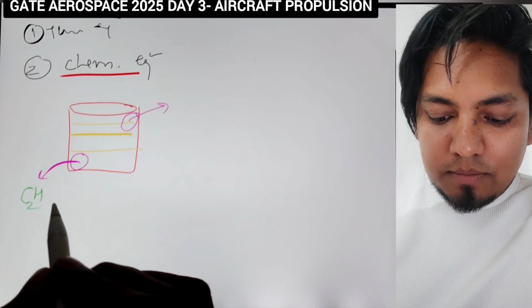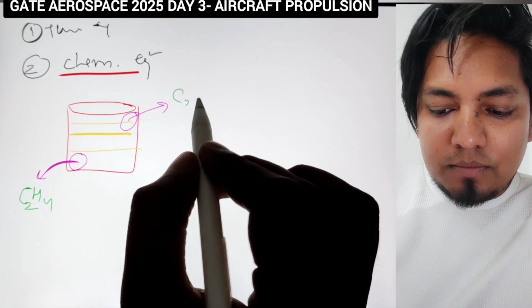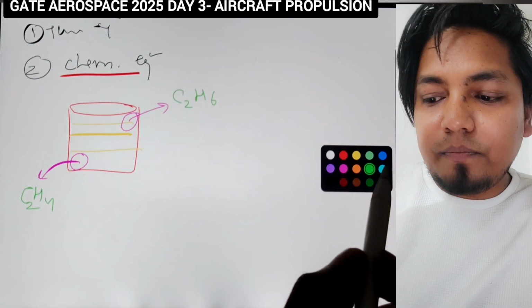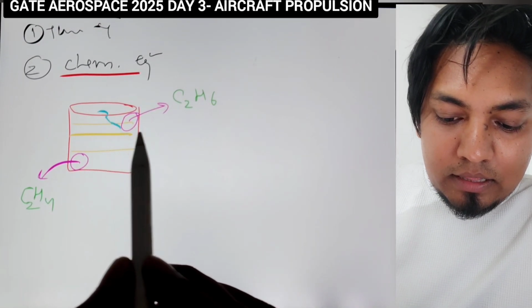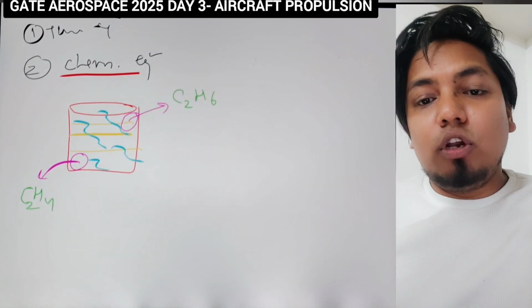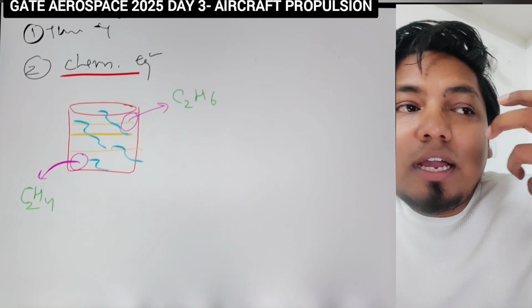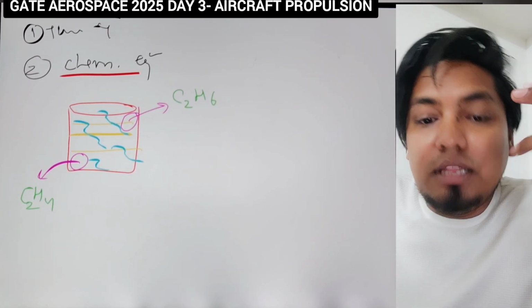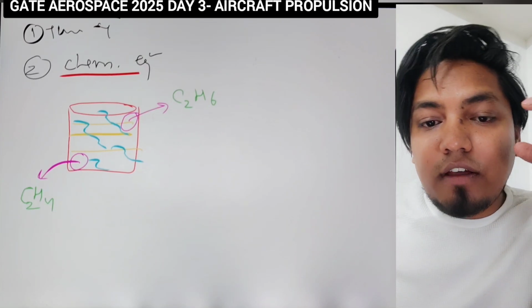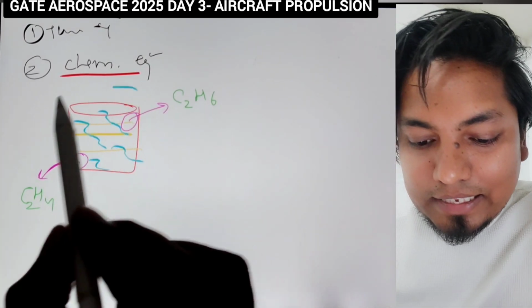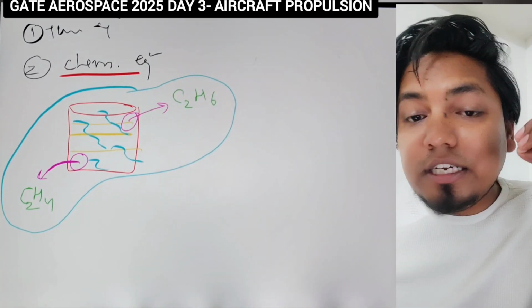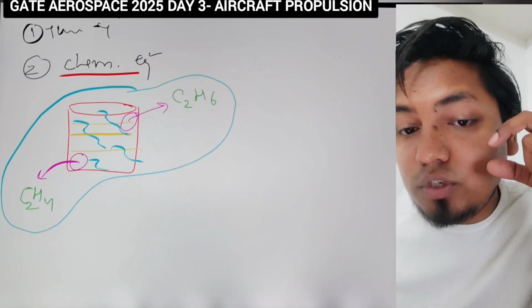Here the formula comes C2H4 and here the formula comes C2H6. It means different types of molecules are present. We don't have uniform chemical composition in the matter. If you don't have uniform chemical composition, then you say this system is not in chemical equilibrium.